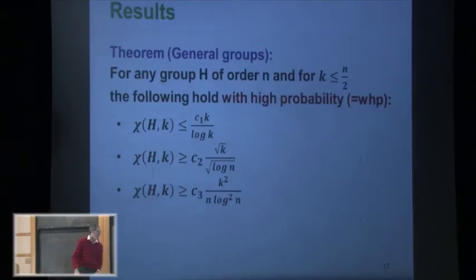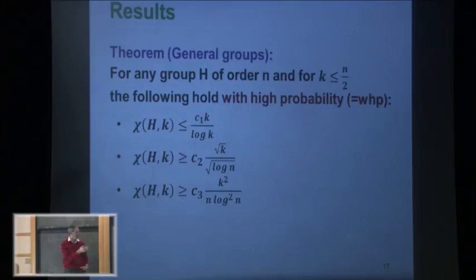So what you see here is another lower bound, which does not give anything when k is smaller than square root n, right? It is less than 1. But if k is very big, like k can be n over 2, for example, then this lower bound is better, so it's k squared over n log squared n.